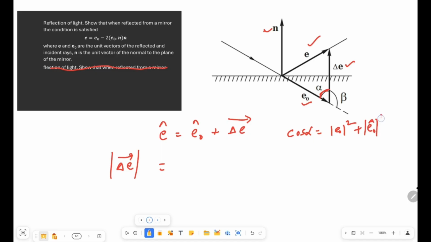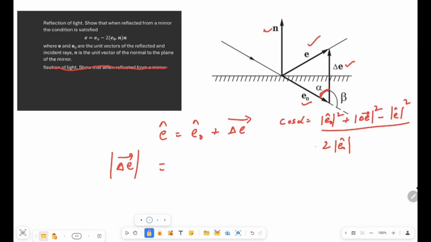Sorry, I made a mistake. I need to find this cos alpha, and cos alpha equals magnitude of E naught vector square plus magnitude of delta E vector square minus magnitude of E vector square, divided by twice the magnitude of E naught vector multiplied by the magnitude of delta E vector. So this is my cos alpha.